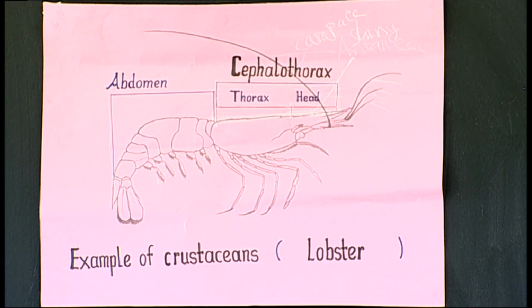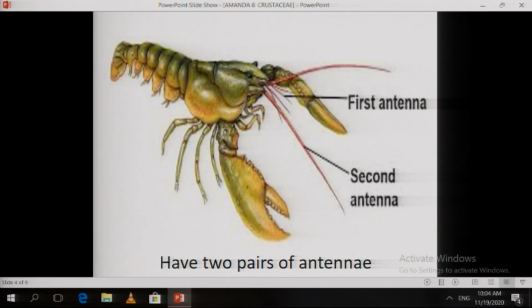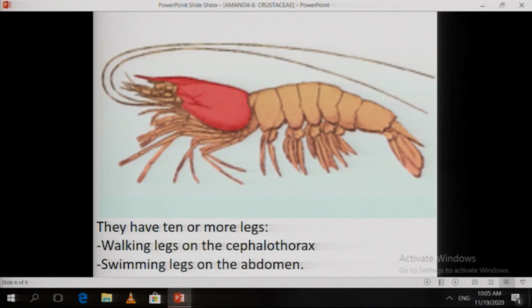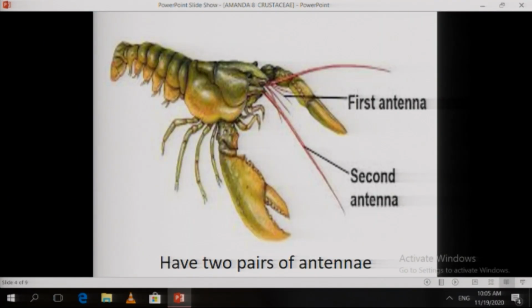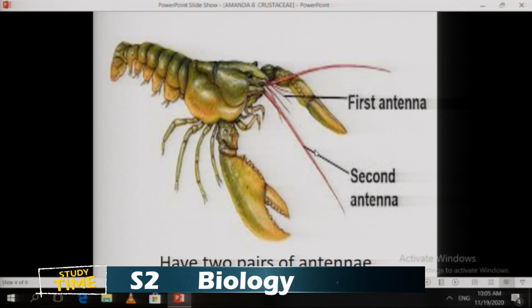Another common characteristic that class Crustacea possess is they have two pairs of antennae. I talked of that. If you look on the screen, as I was saying on the manila paper, we have the tall one, and this one here below, the first and the second.